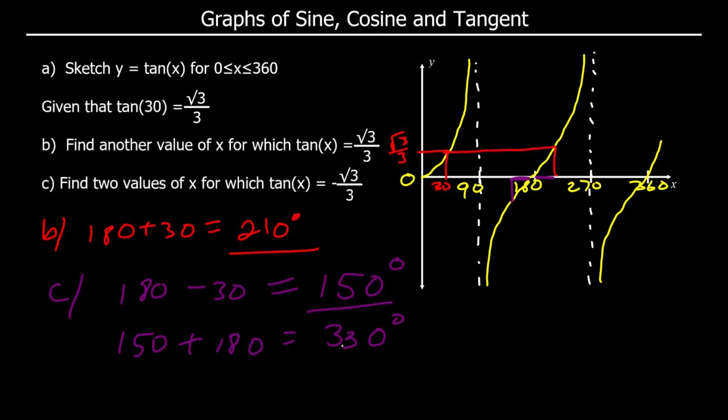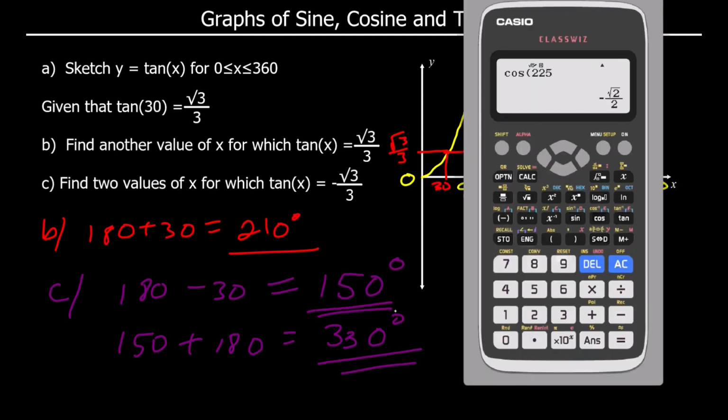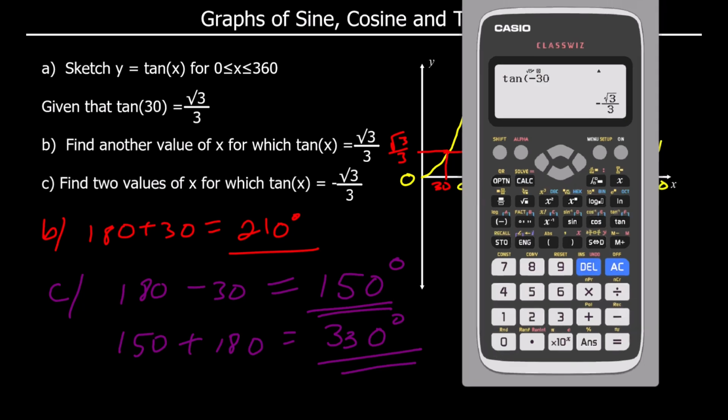And we can just keep repeating by adding on another 180 degrees. So 150 works, and 330 will work. And I could also have taken 180 off, done negative 30, and that would have worked as well.